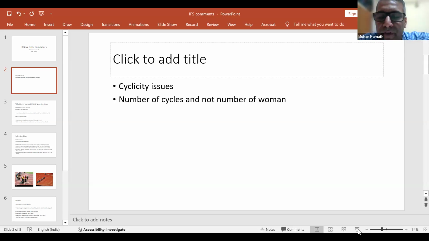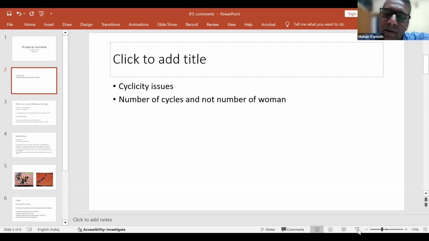If you carefully looked at it, they kept saying per cycle. They have not said per woman. So there is a good chance that a lot of women have repeated cycles in this data set. That is considered a limitation of the database because it can happen that poor prognosis cases keep coming back. This is a statistical point.